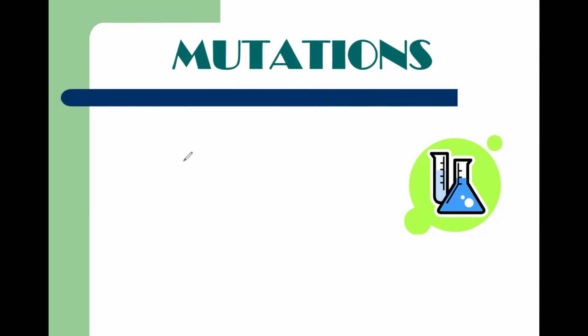Assuming now you have a sequence of nucleotides, let's say A, C, G, T, G, C. So assuming this is the nucleotide sequence, if it is changed, for example if the T is changed to a G here, it means that there's a change in a nucleotide in this sequence.